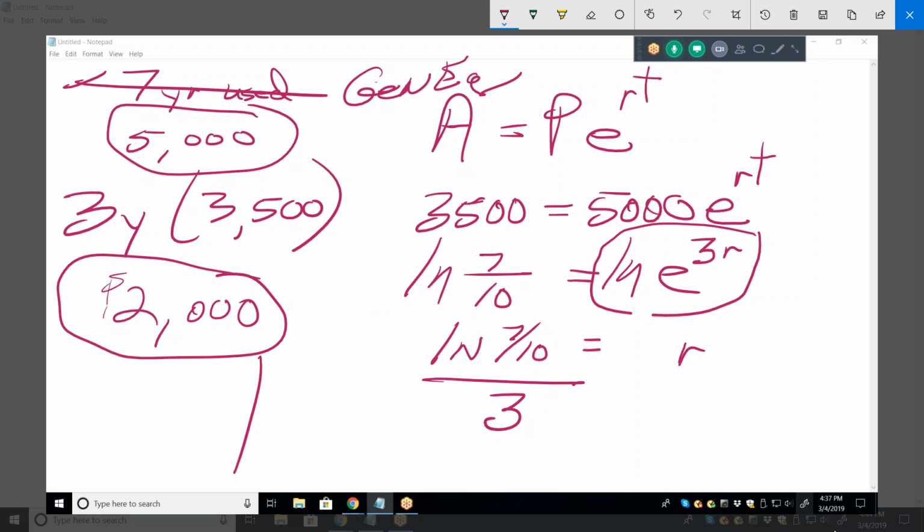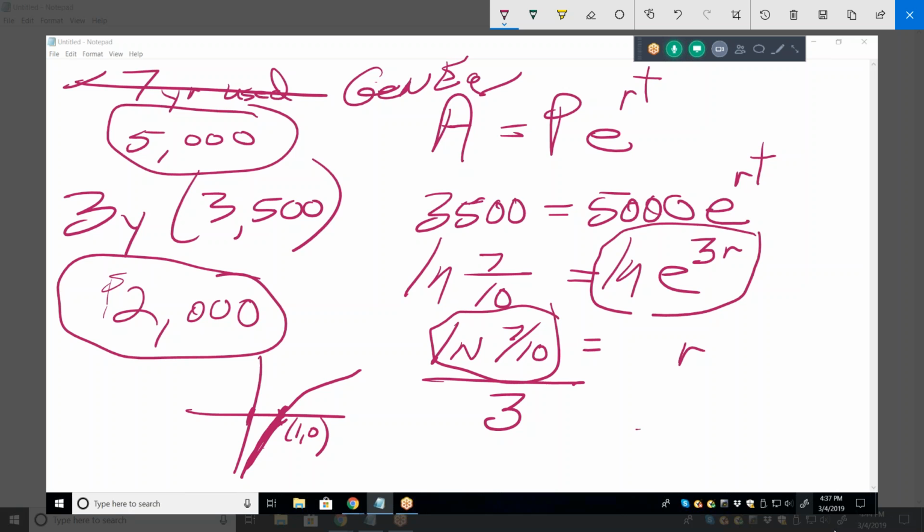Notice what the log graph looks like, with that being 1 comma 0. So every time you take the log of a number between 0 and 1, the answer is down here, negative. We're dividing by a positive, so we are going to get a negative r.